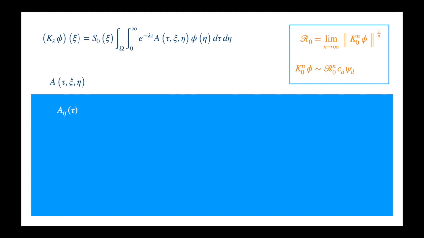These could be, for example, indices for different age groups or gender or health status. So it represents the infectivity of an individual of type j to an individual of type i. Note this is read from right to left, so it represents infectivity from infective j to susceptible i. Tau represents the time since infection, so it helps us capture the pattern of infectivity over the course of infection.